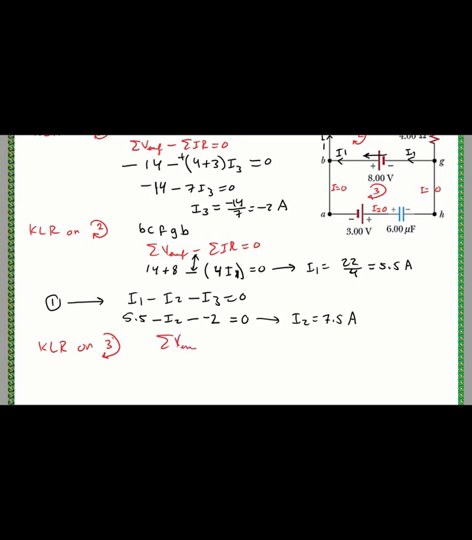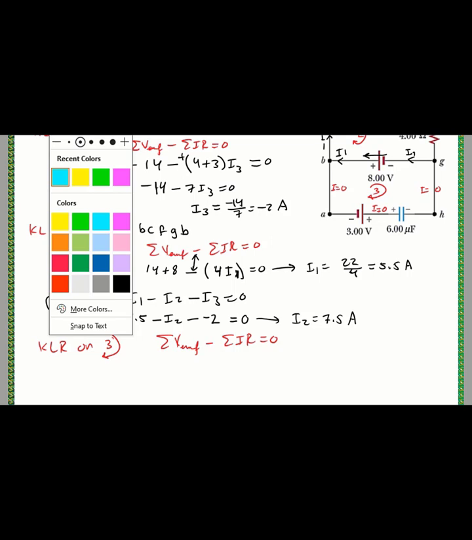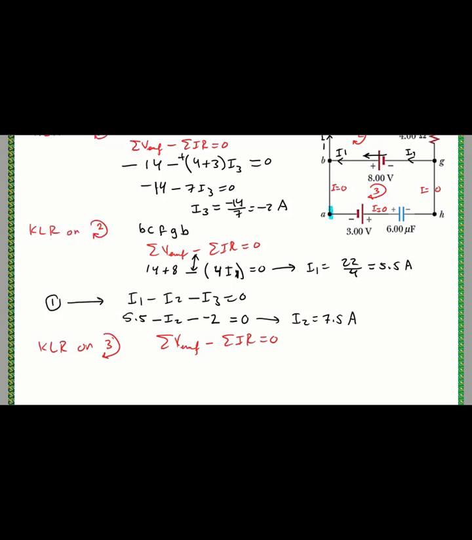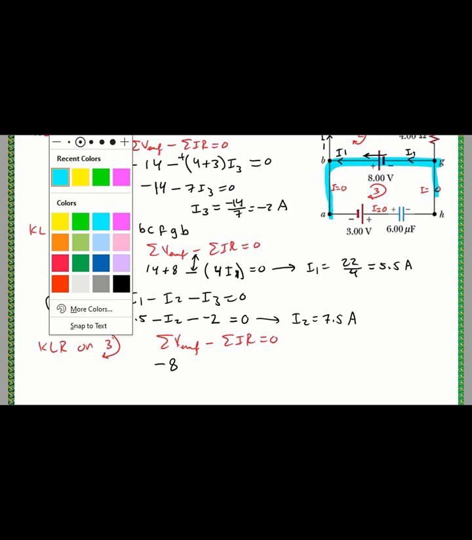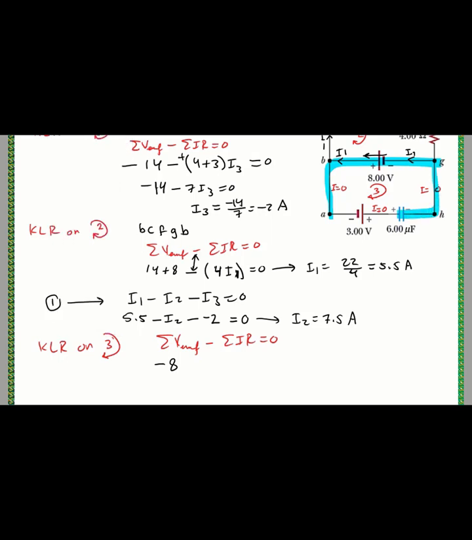Sigma VEMF minus sigma IR equals 0. Now if you go around the third loop from A to B to G, we have an opposite battery to us. It is minus 8. Continue from H, then here we have again opposite battery for us.